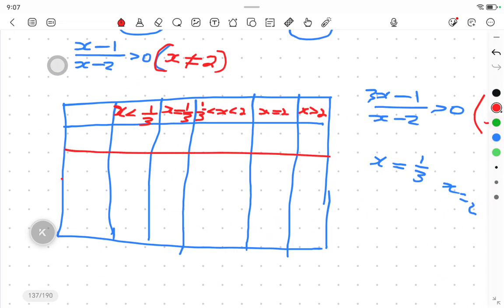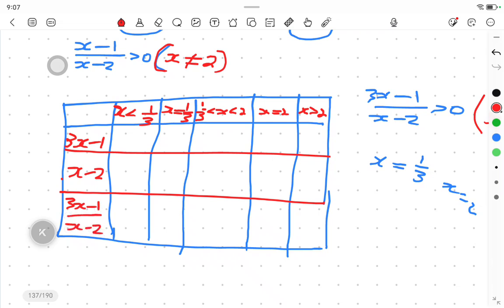And then I need 3 of these. Here we have 3x minus 1. Here we have x minus 2. Here we have 3x minus 1 over x minus 2.